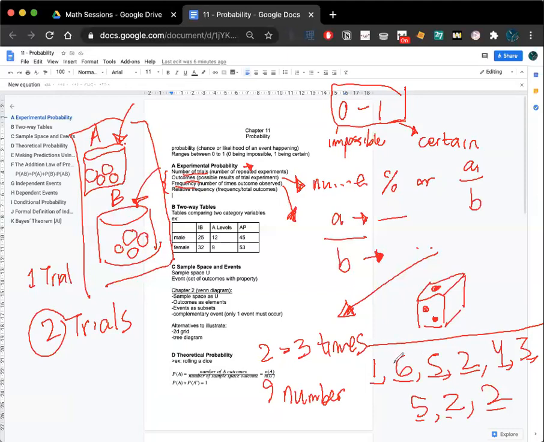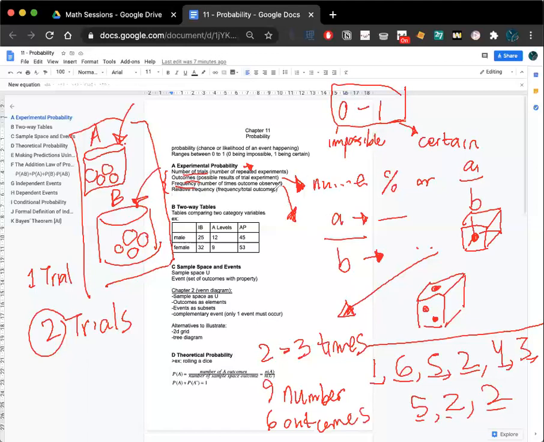And for the outcomes, there are 6 sides in a die, right? And there are 6 numbers. To find all the possible outcomes of this die, there's always an equal chance for you to get any of these numbers. So the possible outcomes when you roll one die would be 6 outcomes.